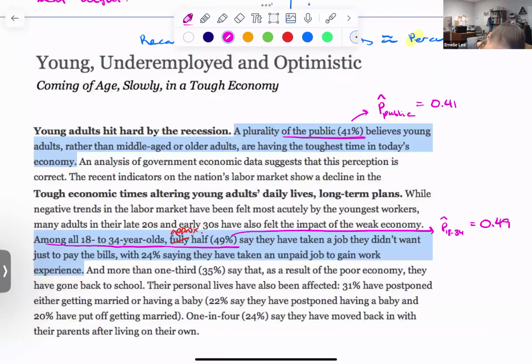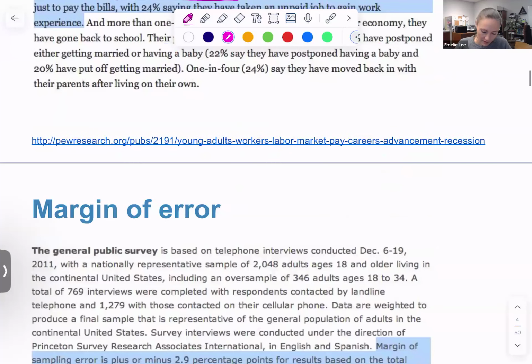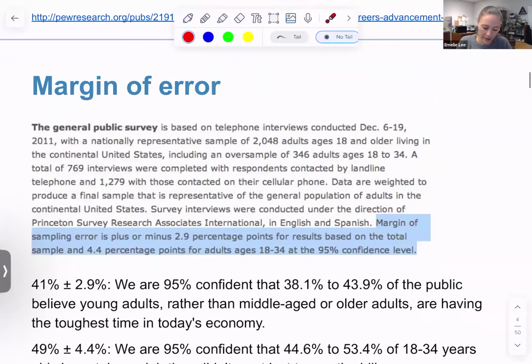So here, this is my point estimate. Right? P-hat for the public, 0.41. P-hat for the 18 to 34-year-olds is 0.49. Okay. Now, right, we have our best guess.